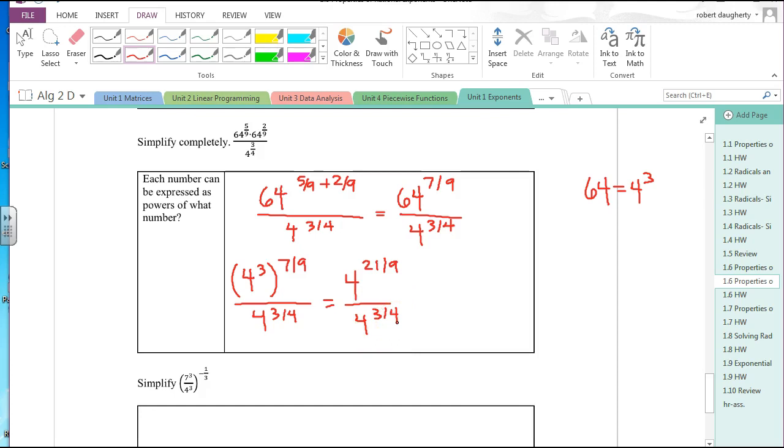Okay, so now when I see a fraction like this, I need to subtract these exponents. So this is 4 to the 21 over 9 minus 3/4. And in order to do this, I need a common denominator. Looks like my common denominator is going to be 36. I'm going to multiply 21 over 9 by 4 over 4, minus 3/4, and I'm going to multiply that by 9 over 9.